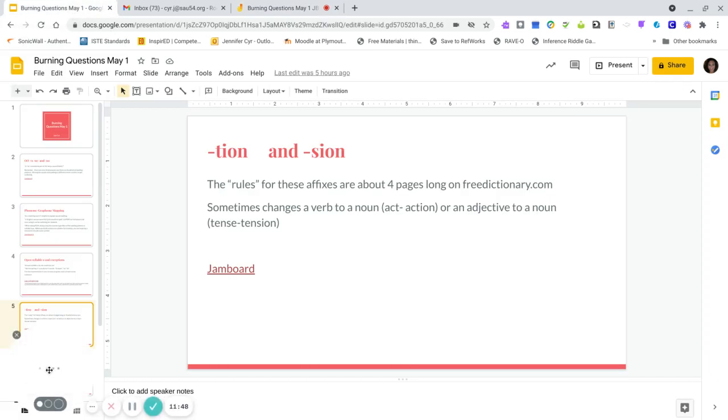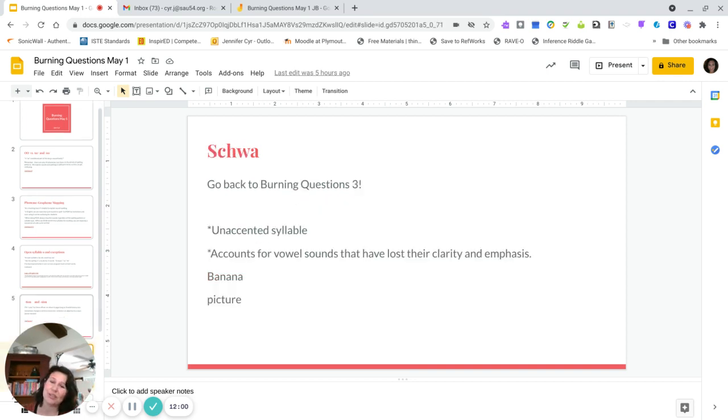All right, we had another question about schwa. I did not give schwa a huge amount of attention because I've covered schwa in Burning Questions week 3. So if you really want the long answer with the manipulatives, go back to Burning Questions week 3 and you can see me use my lips tools to explain schwa.